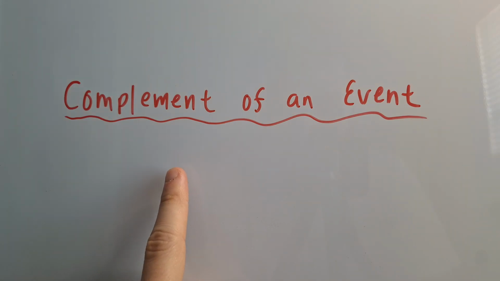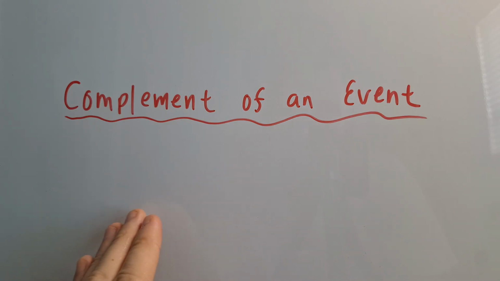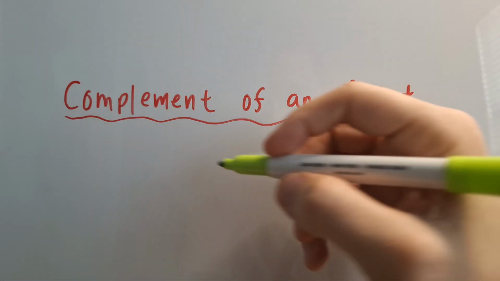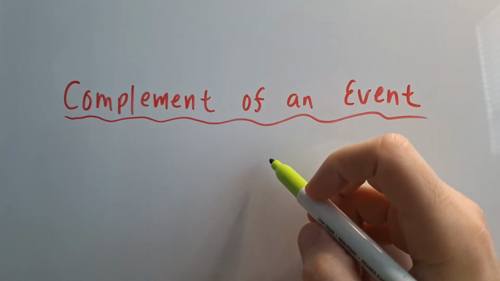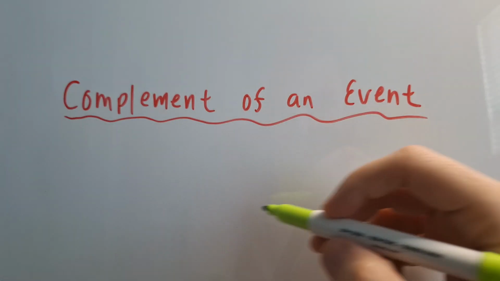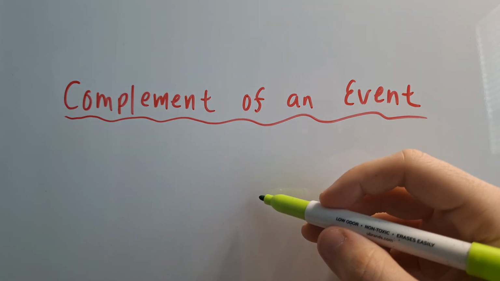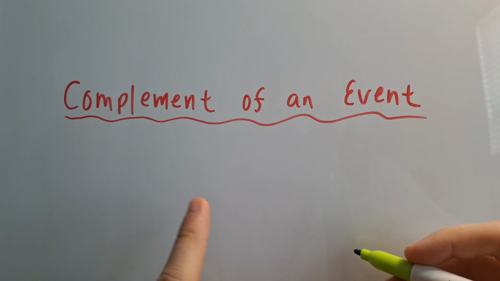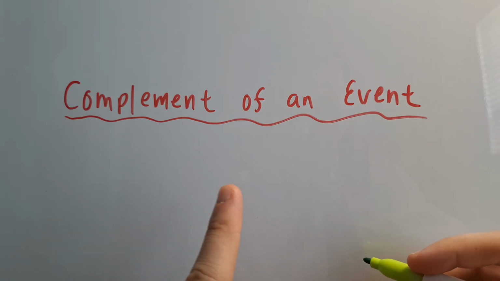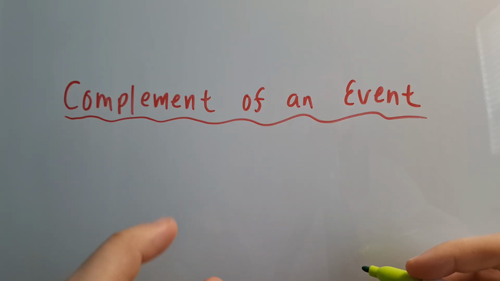The complement of an event consists of all the outcomes that are not in the event that we're dealing with in a problem. So think of it like this: an event and its complement represent the complete set of possible outcomes, and that's key because the sum of the probabilities of an event and its complement is 1.